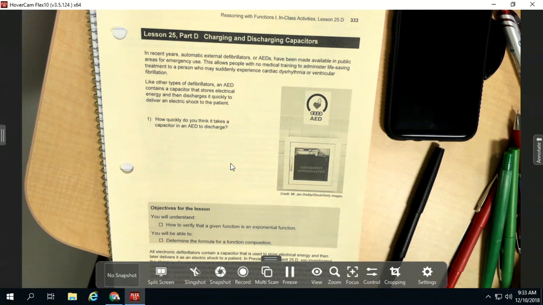Inside that AED is a little battery, but a big capacitor. The job of the battery is to keep the capacitor fully charged. It's kind of like a pump that fills a water tower, or like why you have a tank on the back of your toilet rather than just having the water squirting into the toilet. It doesn't give you enough volume to take care of the issues at hand.